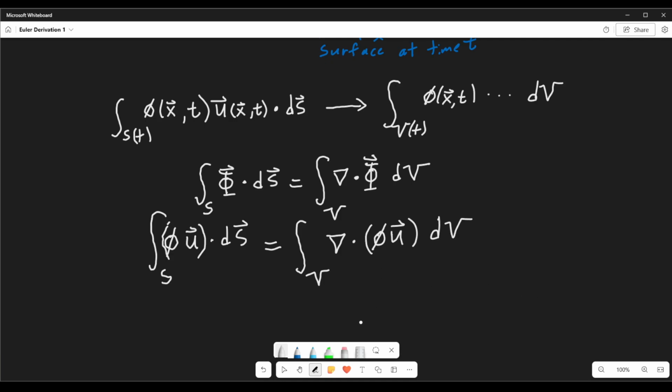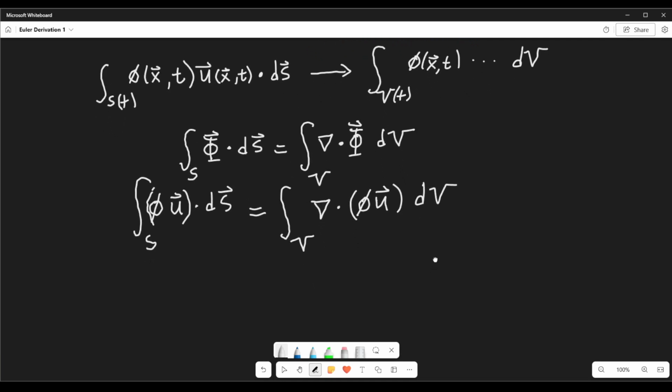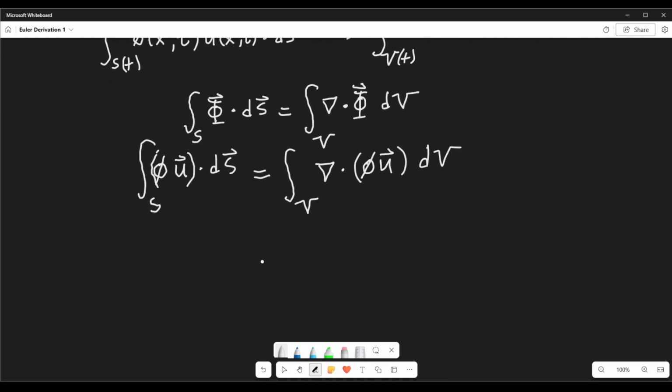The next part is to look at that. This is just standard algebraic manipulation for calculus.